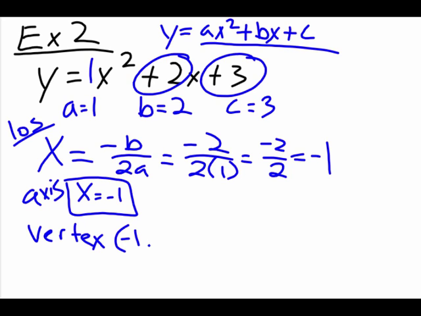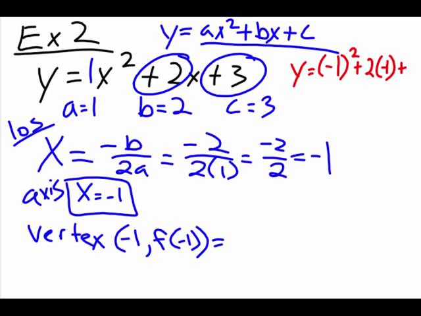So now to find the corresponding y value, I have to evaluate my function at negative 1. I'm going to take this function right here and say y is equal to negative 1 squared plus 2 times negative 1 plus 3.